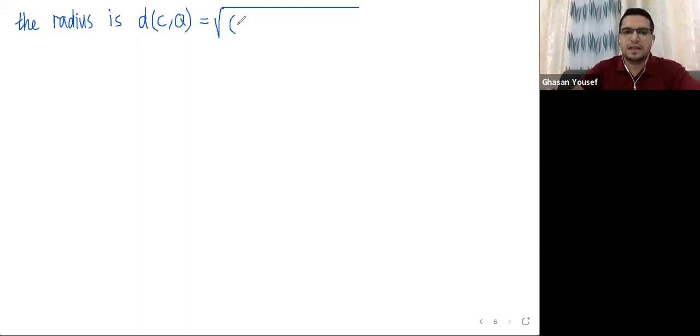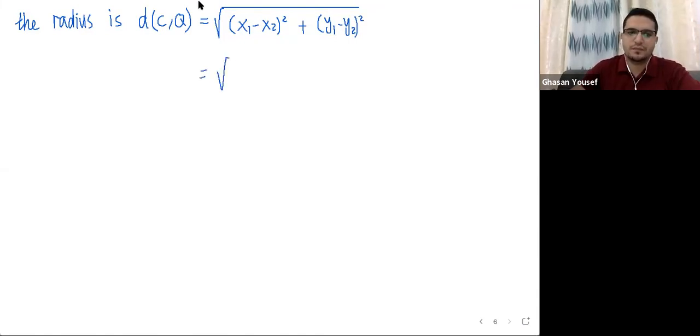The formula is x1 minus x2 square plus y1 minus y2 square. Now you plug inside the formula.